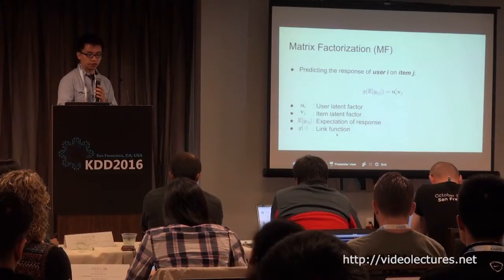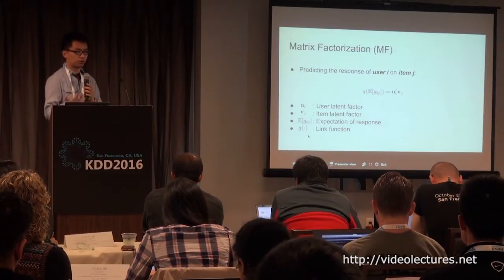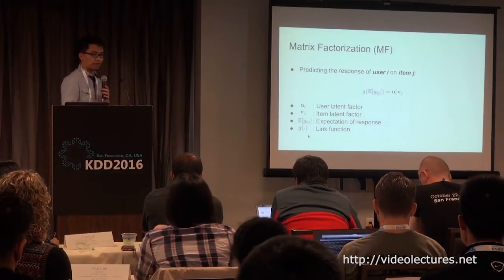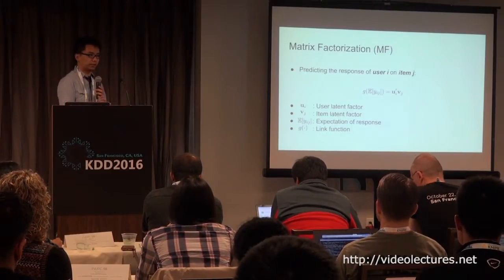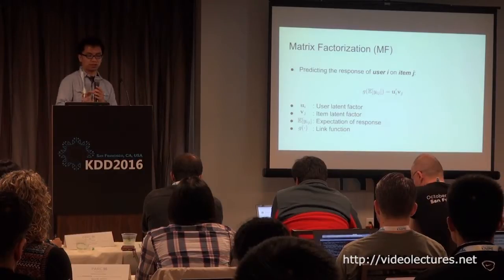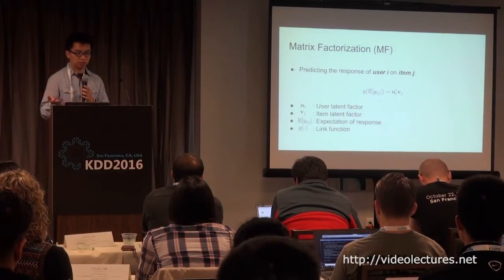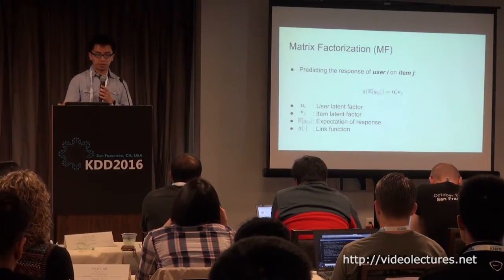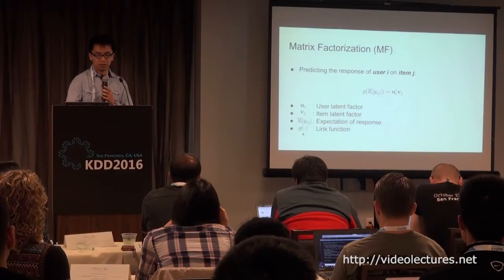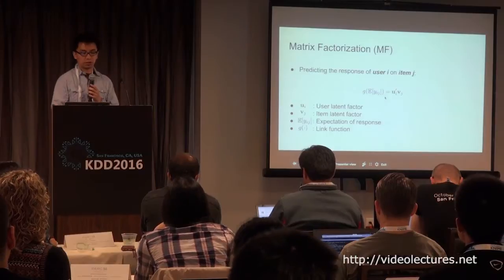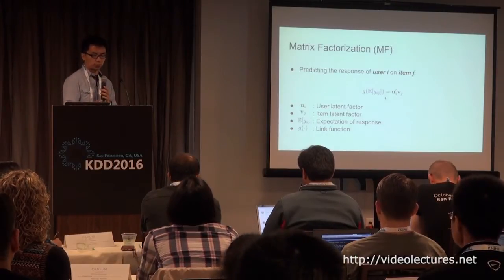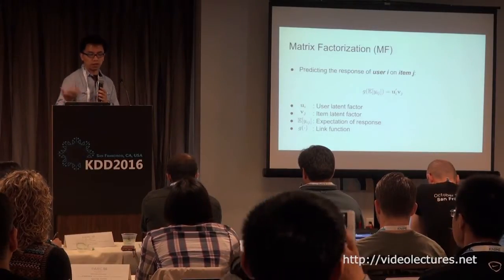For example, if the link function g corresponds to a logit function, then we have a logistic regression-based matrix factorization. If the link function is the identity function, meaning that it does nothing, then it's a conventional matrix factorization with least square loss function, right? And this is just the expectation of the response, because the thing we care about is we want to predict the response of user i on item j.